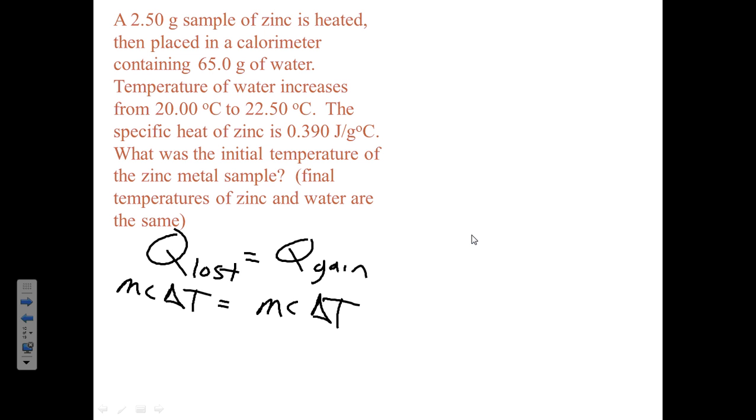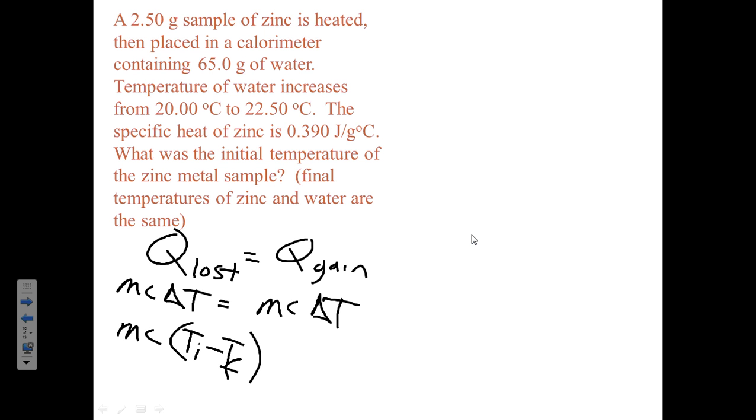So I'm going to write this equation a little bit differently to help me figure this out. Instead of writing delta T, I'm going to say MC times Ti minus Tf. That's not the way you usually find the change in something, right?